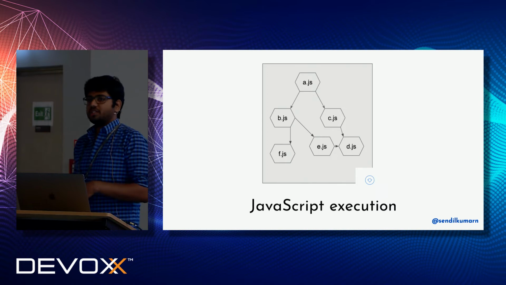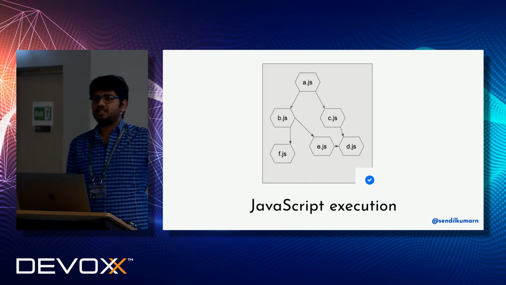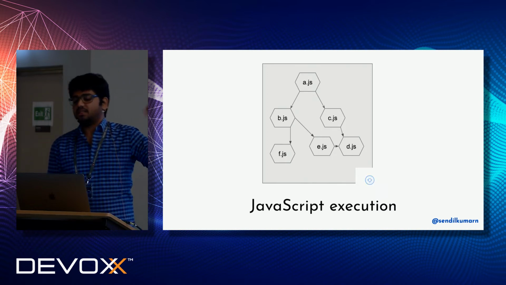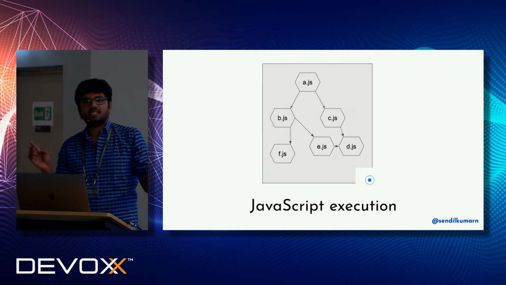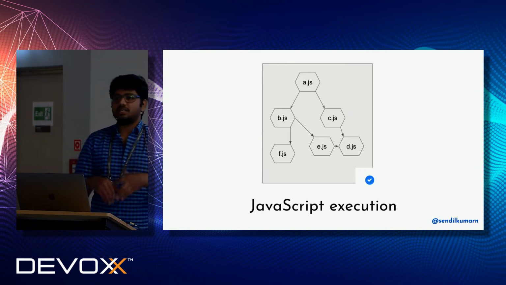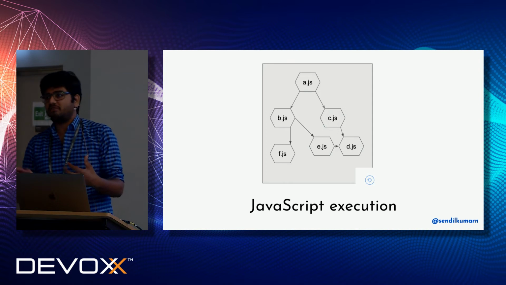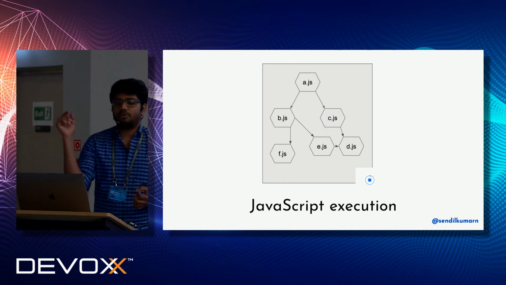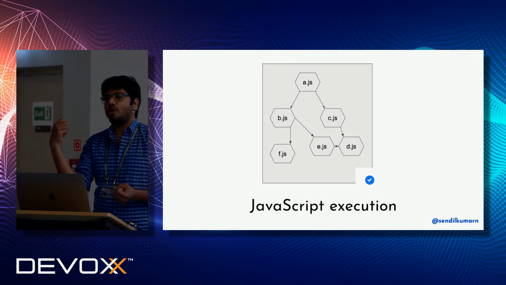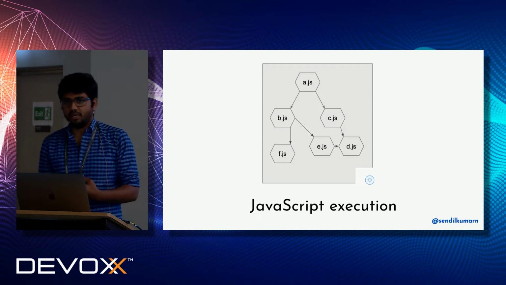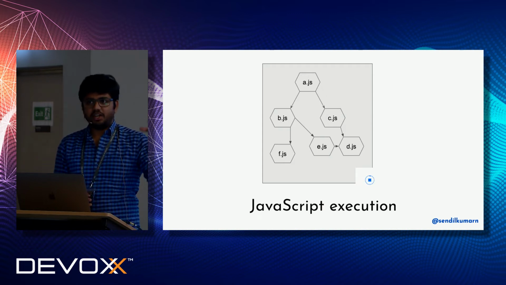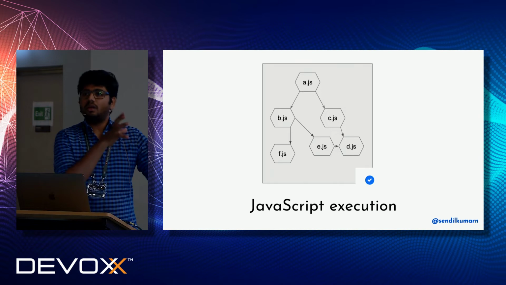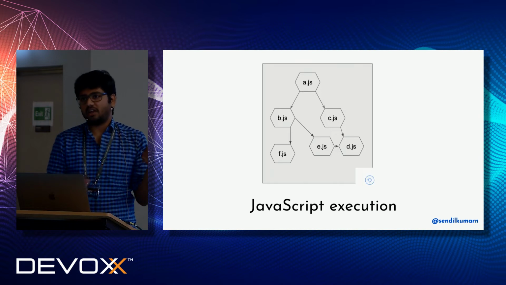Then it checks and sees that this JavaScript has dependencies A, B, C, D, E, and F. It can be cyclic too. So the browser initiates the request to the base URL for those files, goes ahead and fetches all that information. It downloads everything. You have to note that the entire JavaScript and its dependencies should be downloaded first.